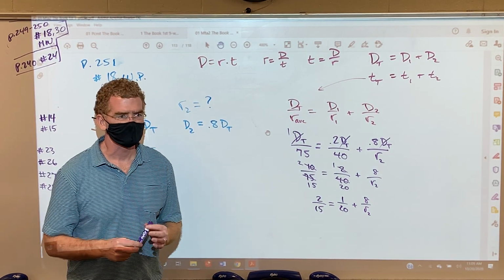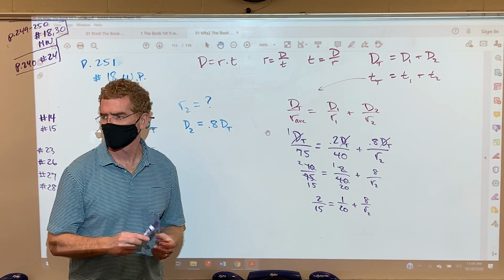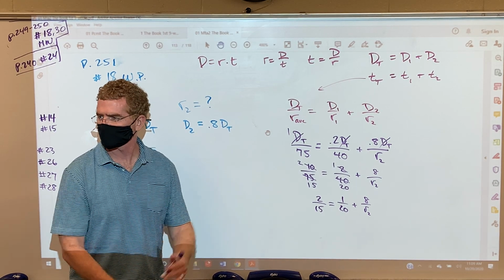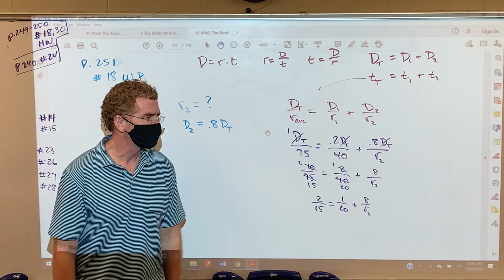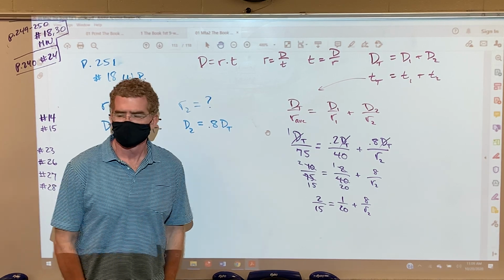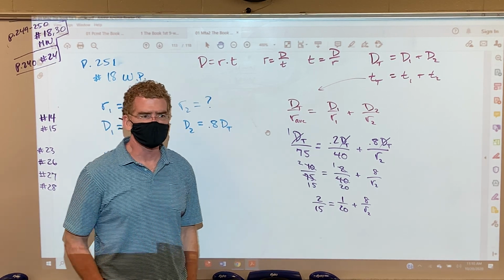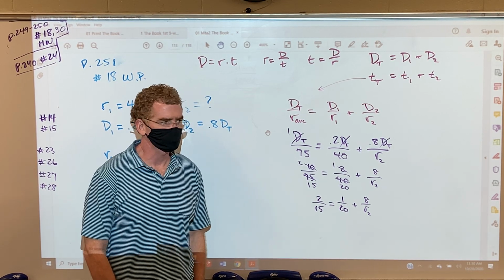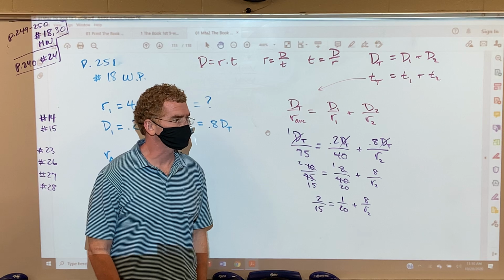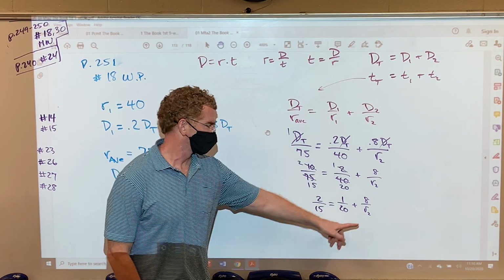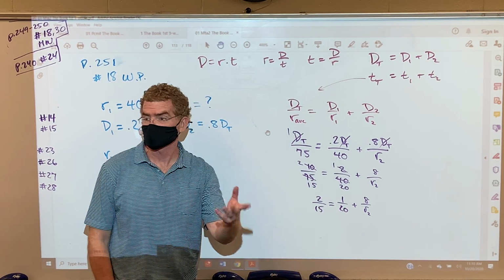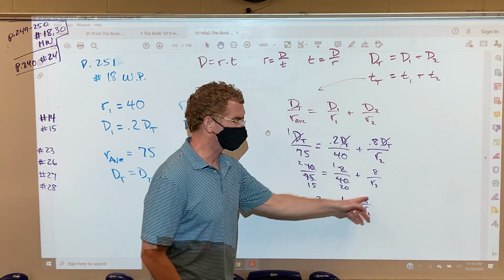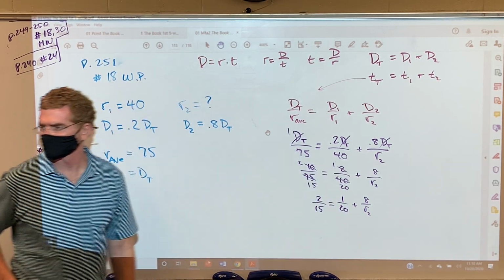Anybody? Hello? Multiply by the LCM, which is, do you see it? 60. 60R2. So multiply by 60R2, clean it all up, and you'll get there.